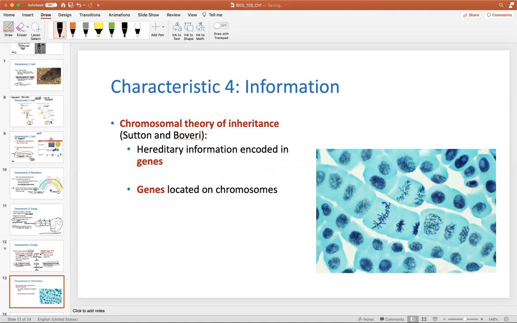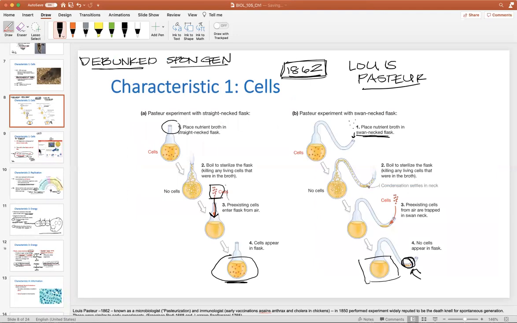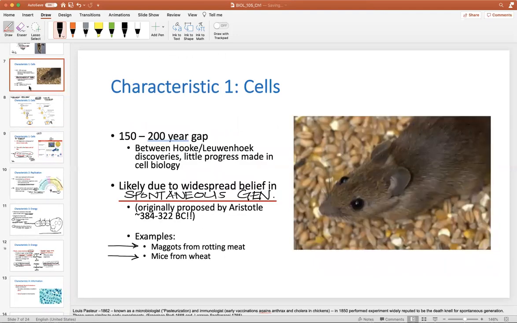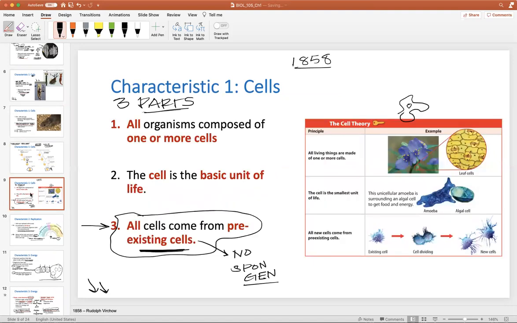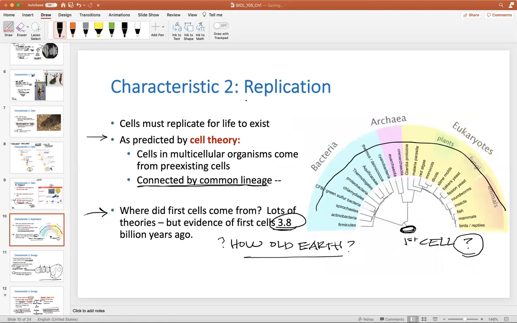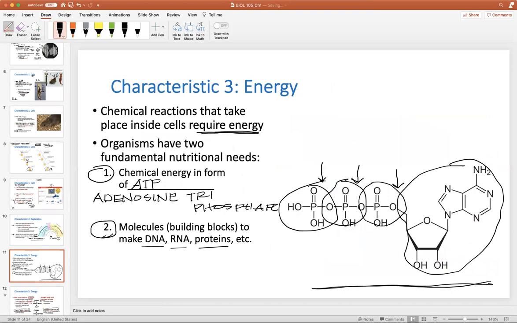So let's just go back through. Characteristic 1 is our cell theory, right? Characteristic 2, we talked about how cells replicate, and this basically results in all of life being descended from a common lineage. And then characteristic 3 is that all cells require energy.